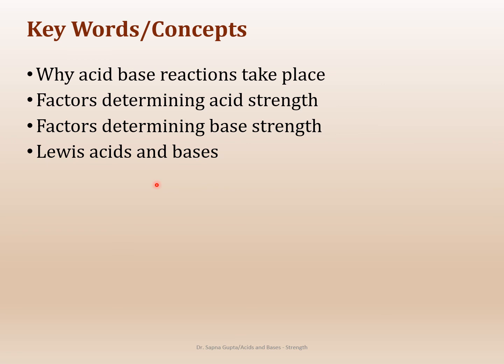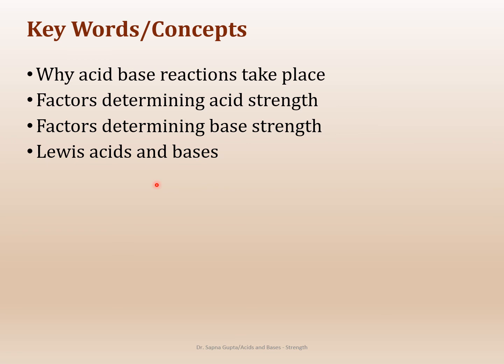The factors determining base strength are just the opposite of acids. So once you're really good at determining the strength of acids, remember bases are the opposites, because if you have a strong acid, you get a weak conjugate base. There are just a couple of factors that determine base strength, like electron density, but otherwise you can use acid strength to determine base strength.